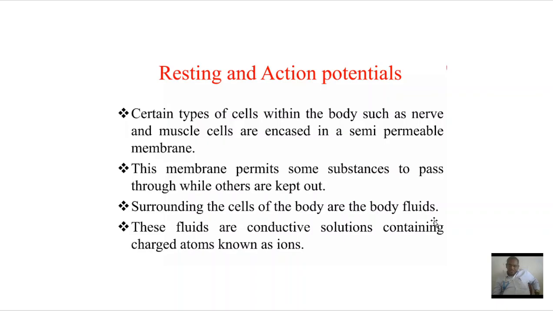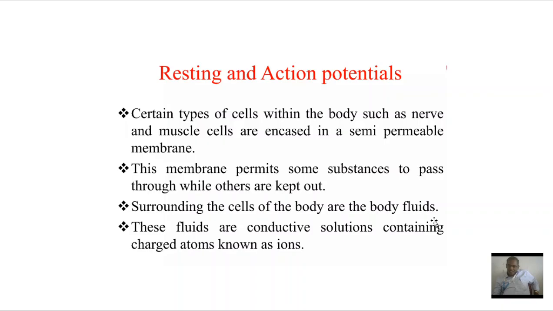Certain types of cells within our body, such as nerve and muscle cells, are encased in a semi-permeable membrane. The outer layer of the basic cell is the membrane, which is naturally semi-permeable.